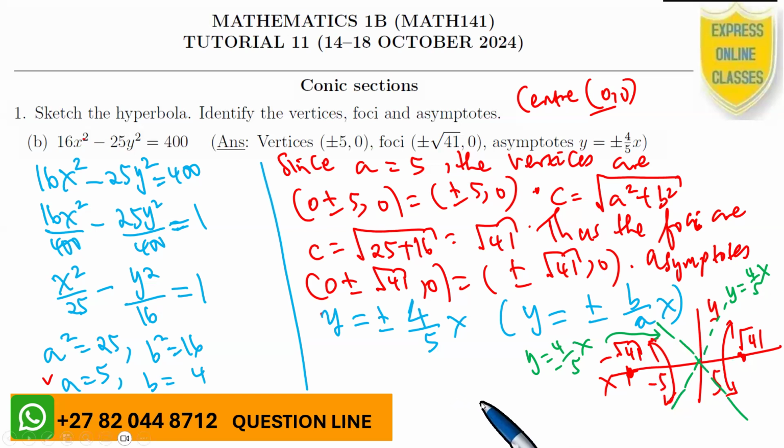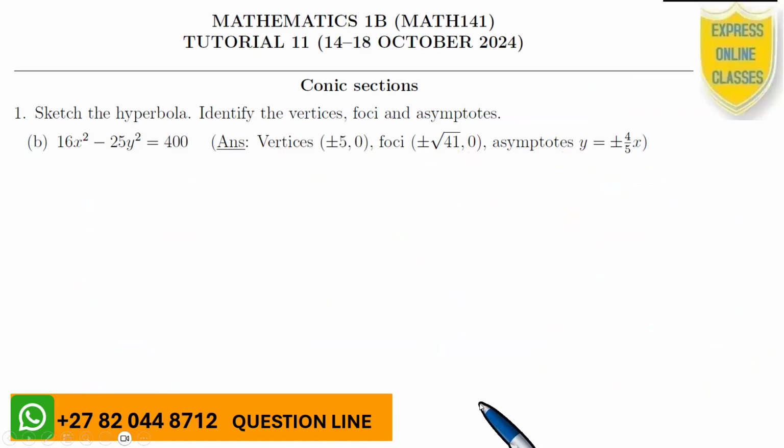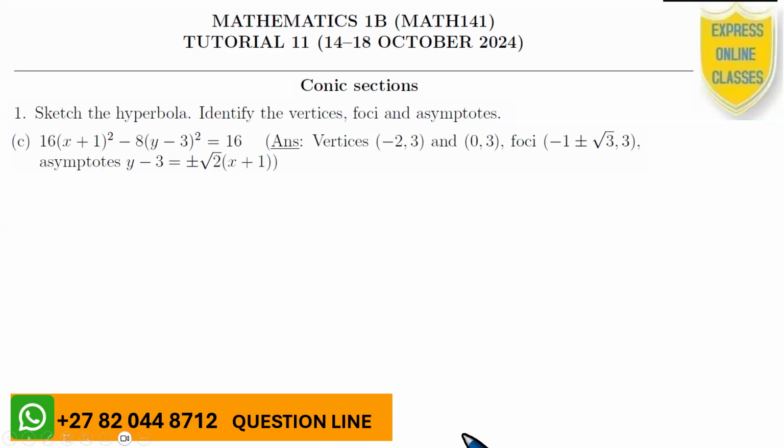Look at the next question: sketch the hyperbola. Let's practice with this one. First, we must find the center.